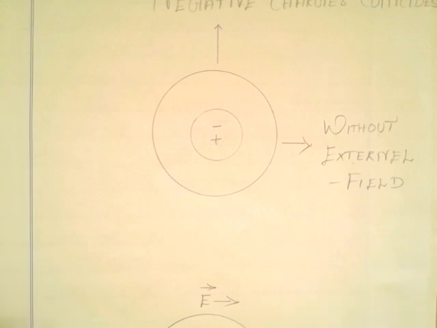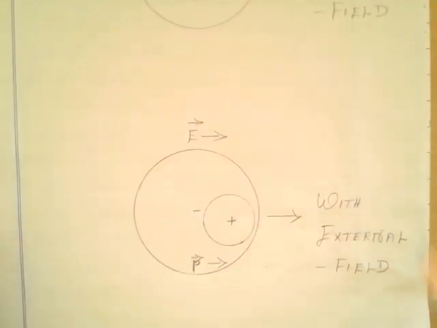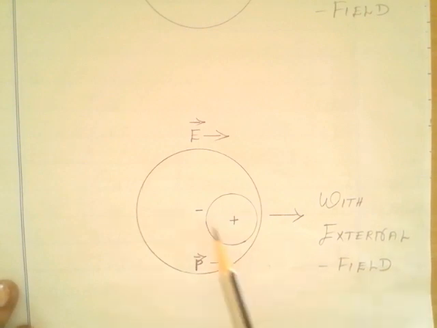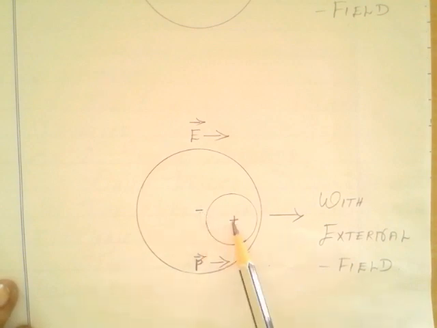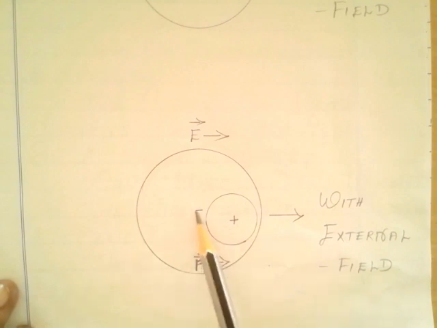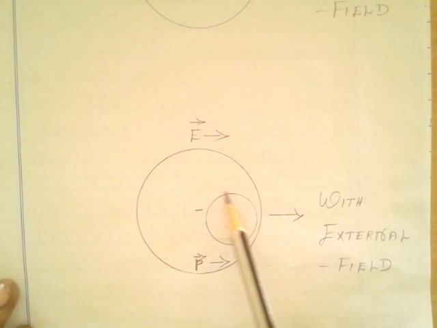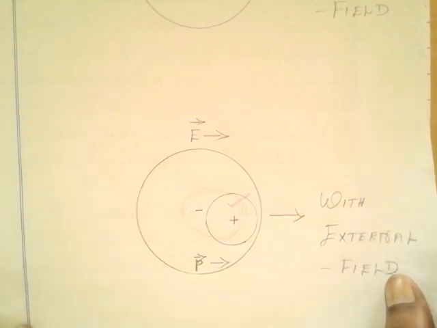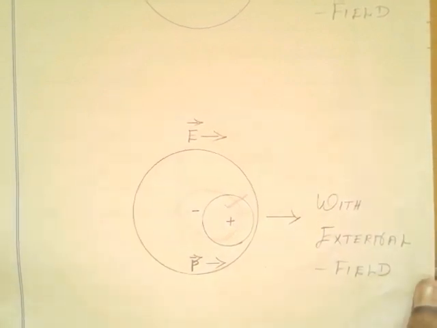But in case of external electric field, that is with the external electric field, the positive and negative charges, especially the centers of positive and negative charges, are separated by a small distance. Then a dipole will occur, and then it has a dipole moment.